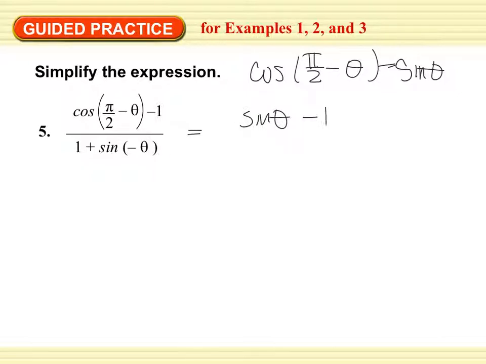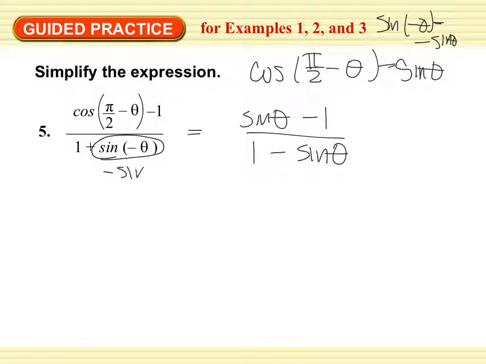Sine theta minus 1 over, and then if I look at the negative angle identities, I see that sine of negative theta equals negative sine theta. So I'm going to do 1 minus sine theta, because this right here equals negative sine theta.